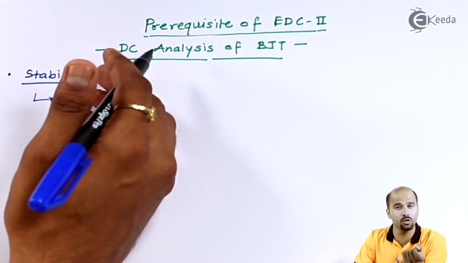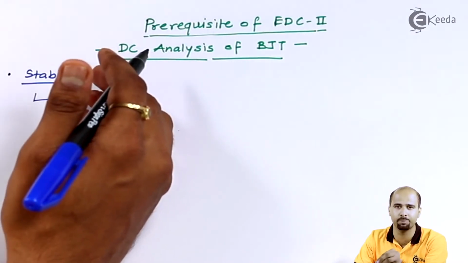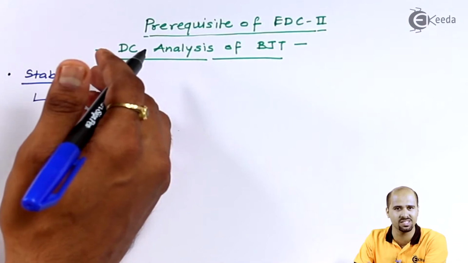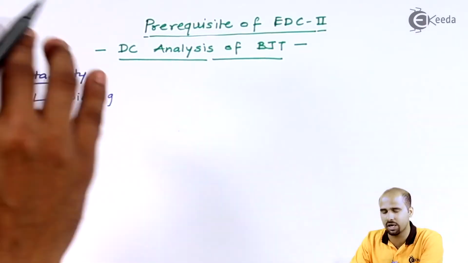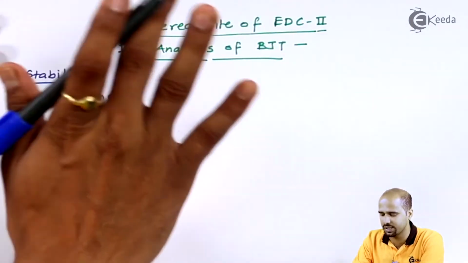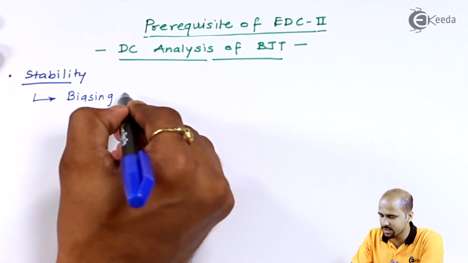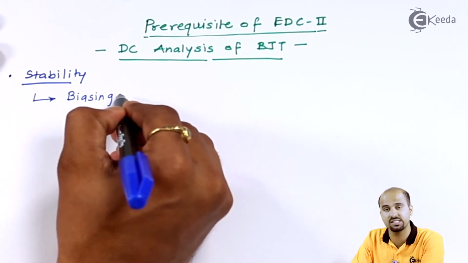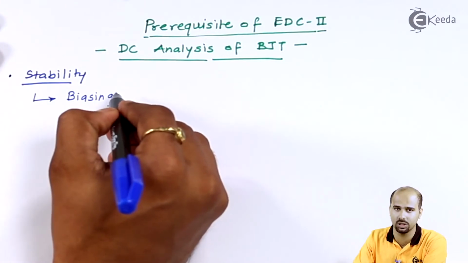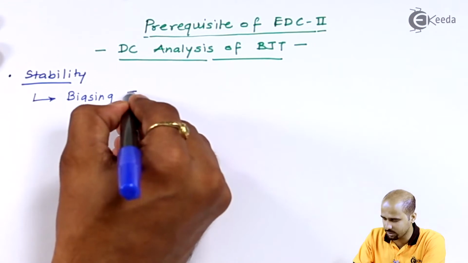That much increase in IC should not affect my diode, my BJT or transistor in its operation as an amplifier. So I arrange my circuitry such that it operates in a stable mode. Biasing is one way to get a stable circuit to work the BJT as an amplifier.